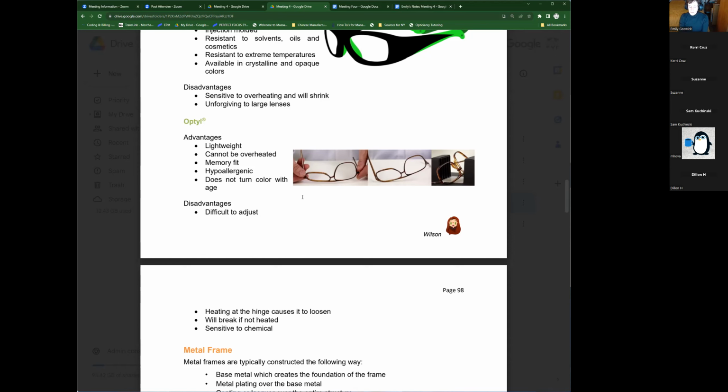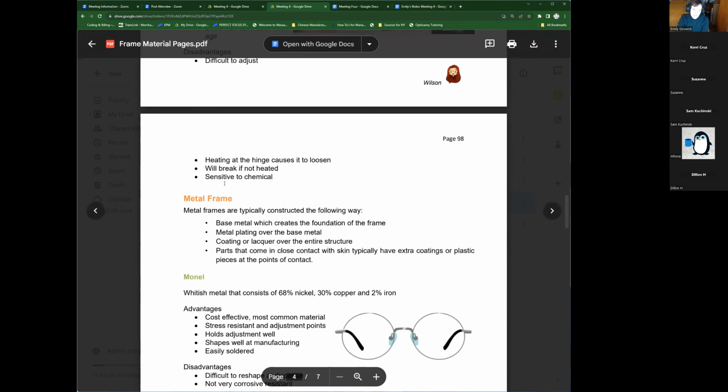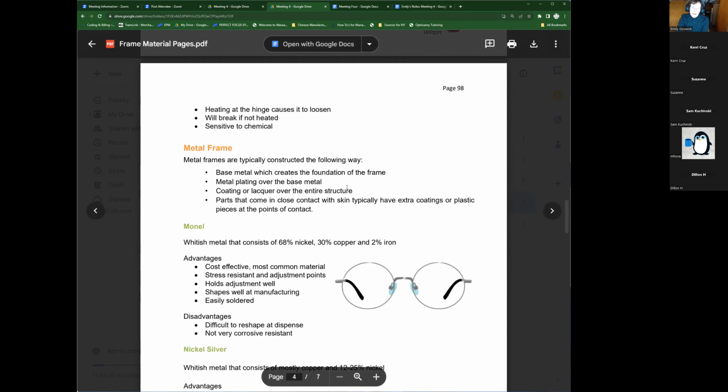When I'm talking about melting, I'm not typically talking about a temple. It's more about the eye wire area. Sometimes you can melt it and mess the bevel up, and then one, it'll look bad, and two, it'll be really hard to get the lens into it. So in general, you want to be extremely cautious with heat, except in the case of Opteal. So those are good things to know.